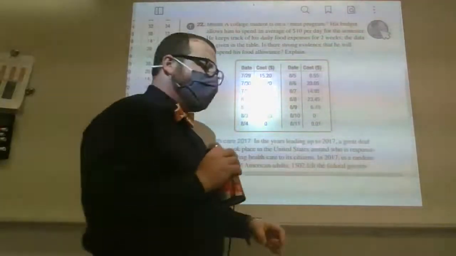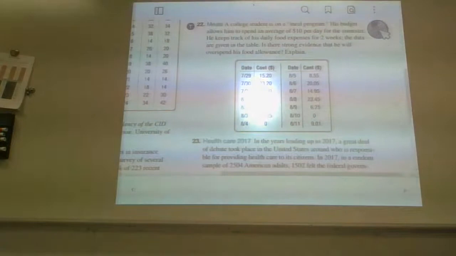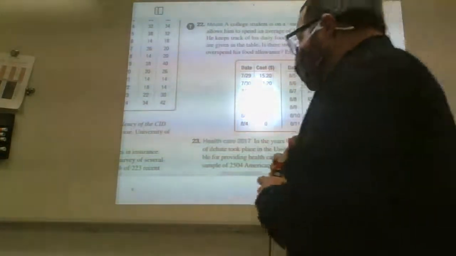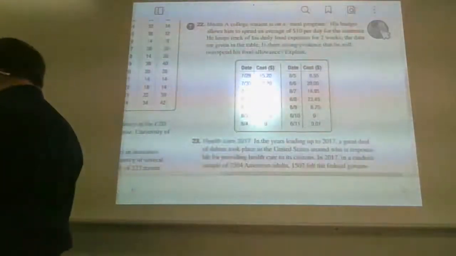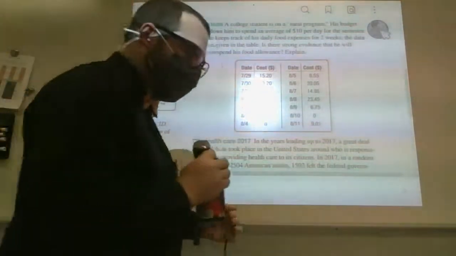There's a number of different directions that you can go when reading a problem like this. Technically, two main directions that you could go in. You could either perform a hypothesis test, or you can construct a confidence interval.